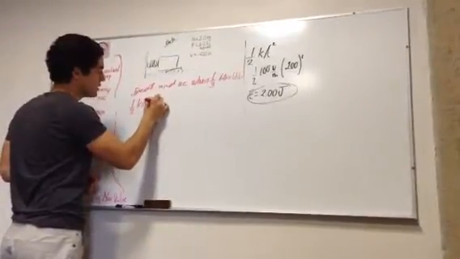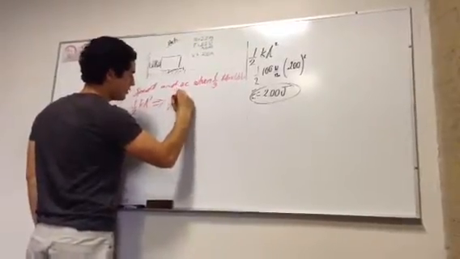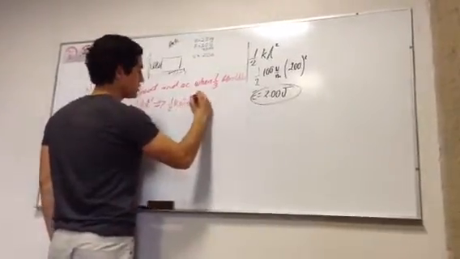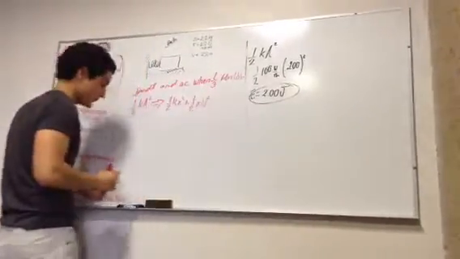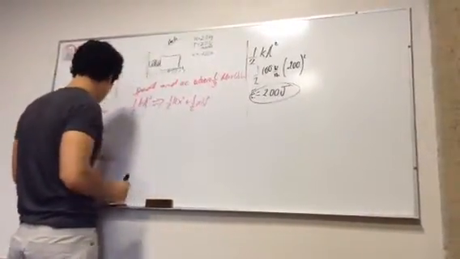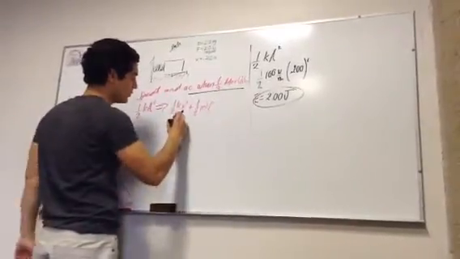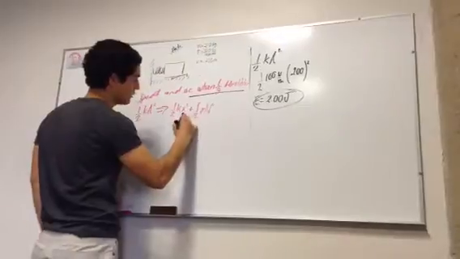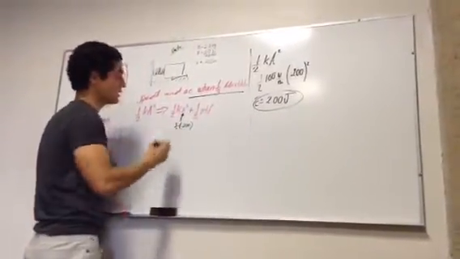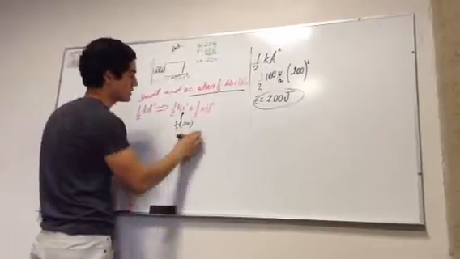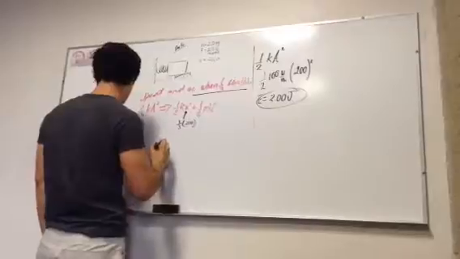This energy can be decomposed into 1/2 of k times x squared plus 1/2 of the mass times the velocity squared. Here our x is equal to 1/3 of 0.200, the amplitude.